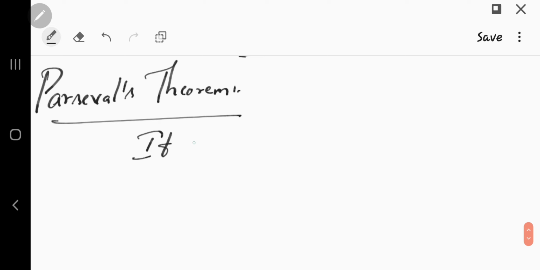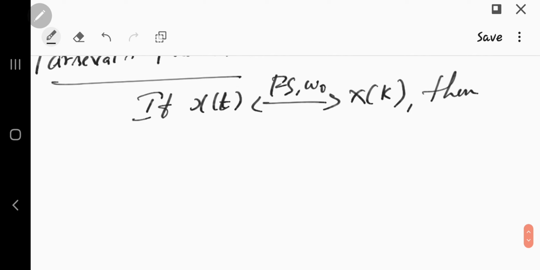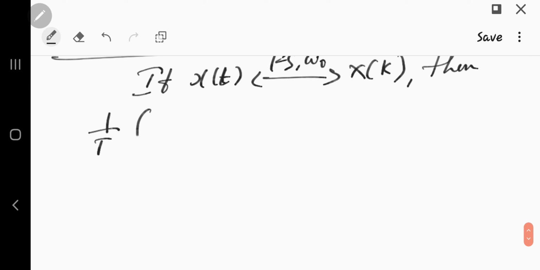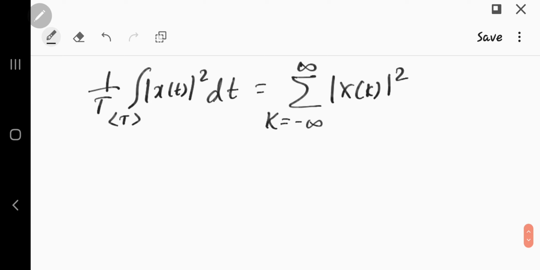The statement goes like this: if x of t is x of k, then 1 by T integral over T of mod of x of t whole square dt will be equal to summation k equals minus infinity to plus infinity mod of x of k whole square. So this is the statement here.